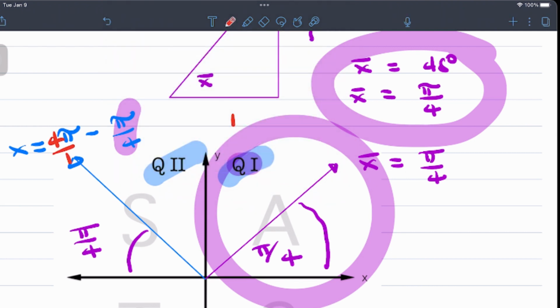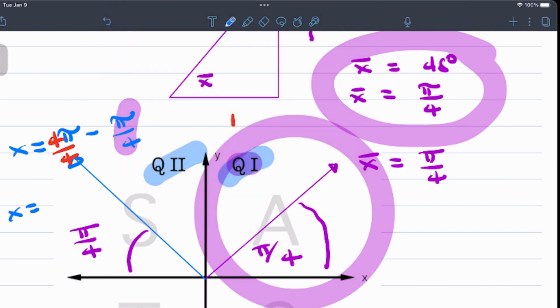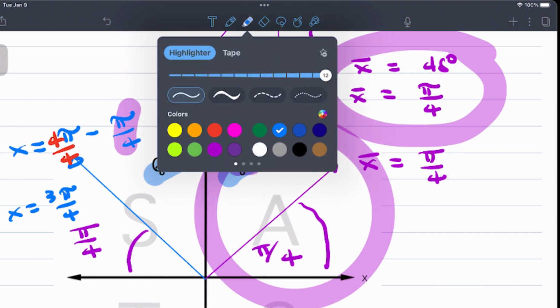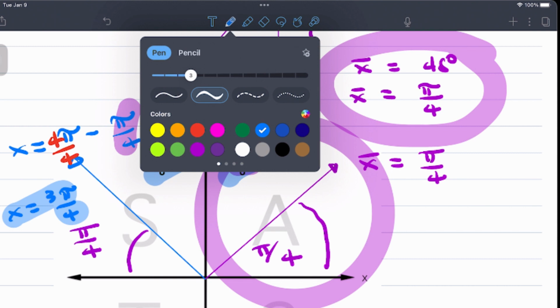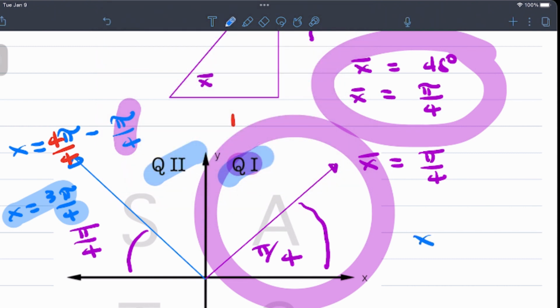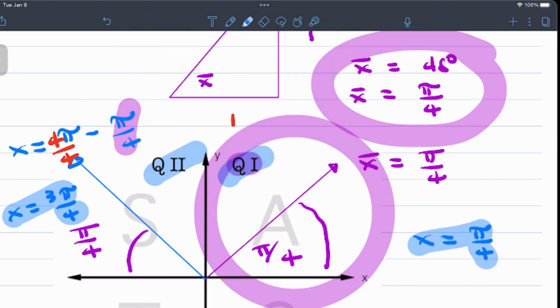You get 4 over 4, and then this is going to be now what? What's your angle? Isn't this going to be 3 pi over 4? So, ladies and gentlemen, your two solutions where sine is positive is pi over 4 and what? 3 pi over 4. This is where sine's positive.